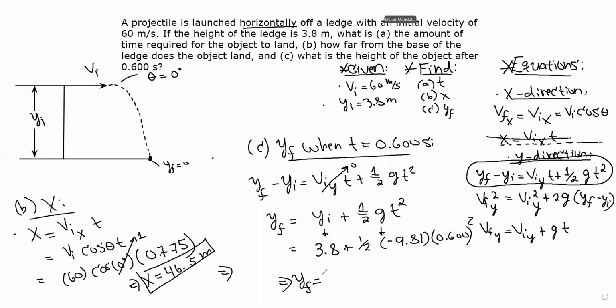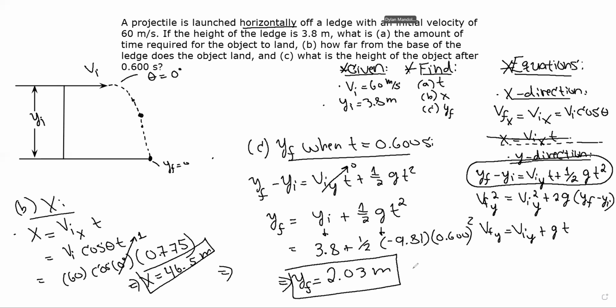Good, 0.600 squared times negative 9.81 for g, divided by 2 plus 3.8. So we get 2.03 meters, which makes sense because this is less than the initial height. And as time progresses, we're getting lower and lower until we hit an ultimate y final of 0.